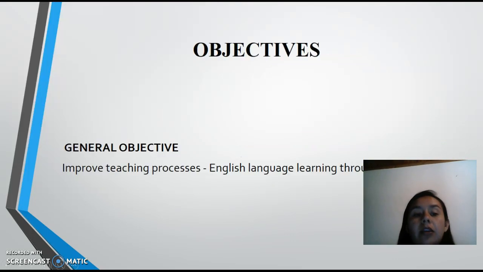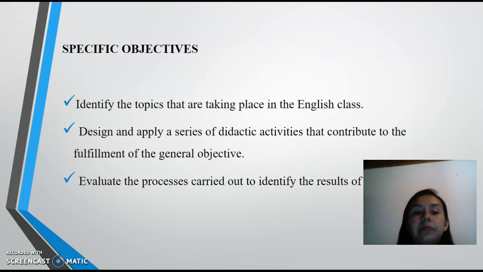Objectives. General objective: improve the teaching and learning process of the English language through didactics. Specific objectives: 1. Identify the topics that are taking place in the English class. 2.